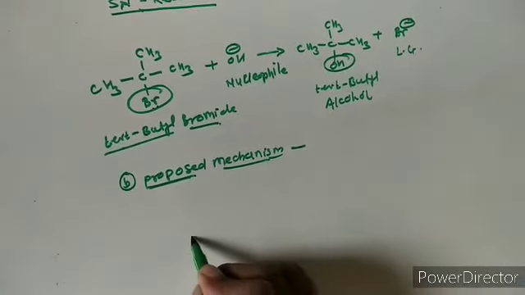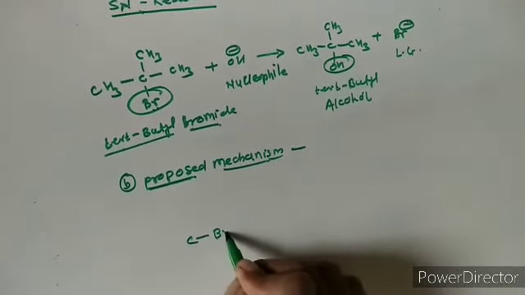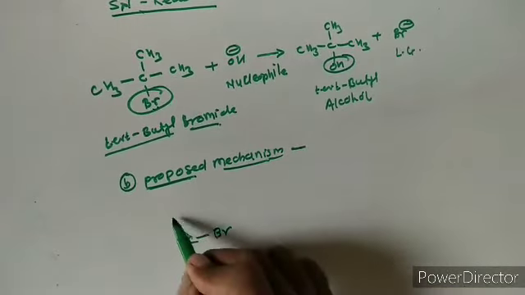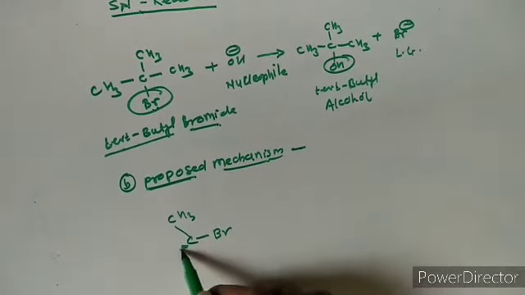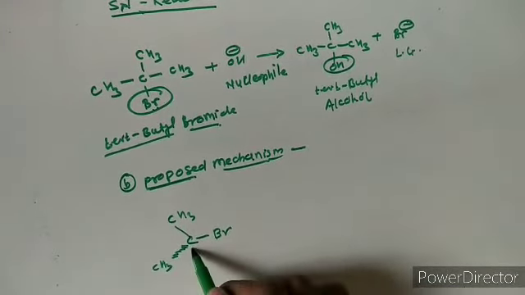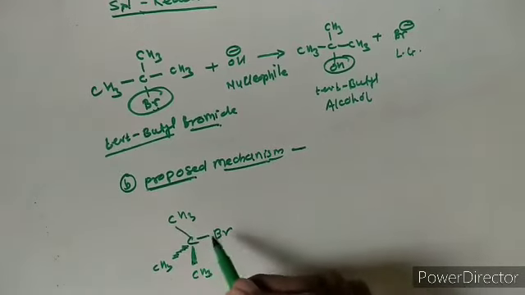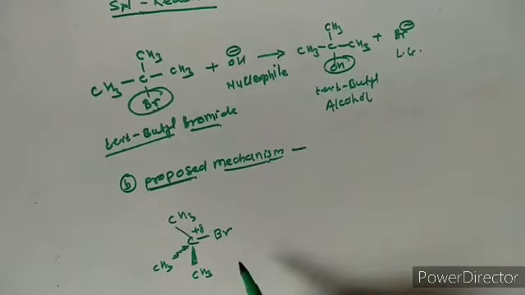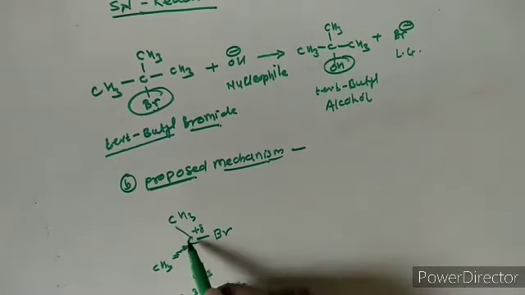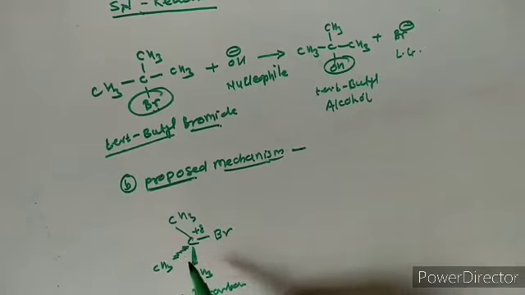Take the example: the C-Br bond, with the CH3 groups going behind the plane, and the dark line showing that a CH3 is in the plane. So this is the three-dimensional structure of tertiary butyl bromide, having an sp3 hybrid carbon.